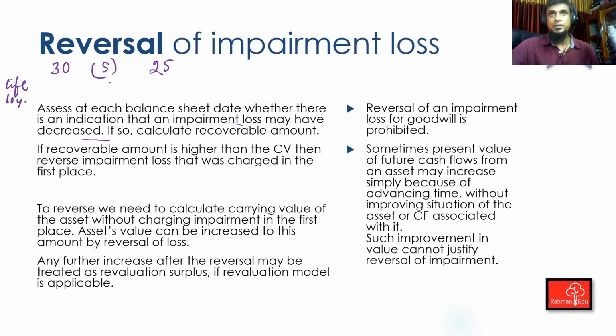When we did the impairment test, at that point, not from the very beginning, from the point of impairment loss, the building had a life of 10 years, so we have charged 2.5 depreciation, and the carrying value became 25 minus 2.5, 22.5 million dollar.